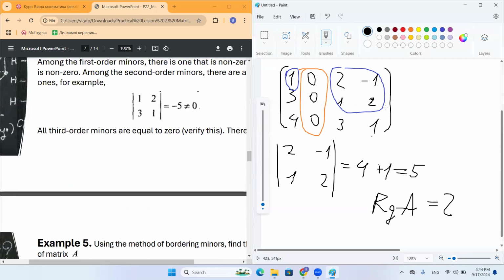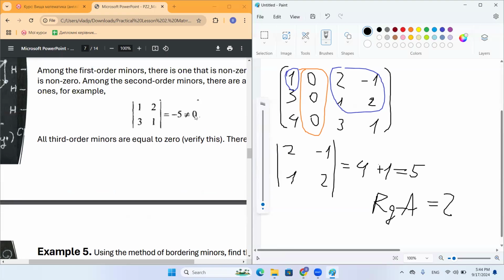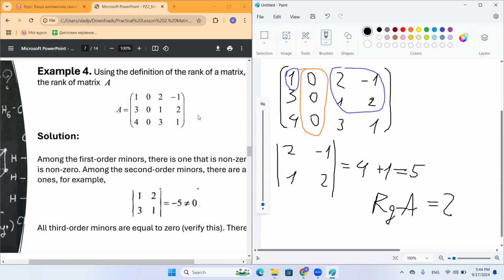The M1 we used to find the element A11. Yeah, actually we can use it. But shouldn't we use that element 2 in the M2, in the minor 2?